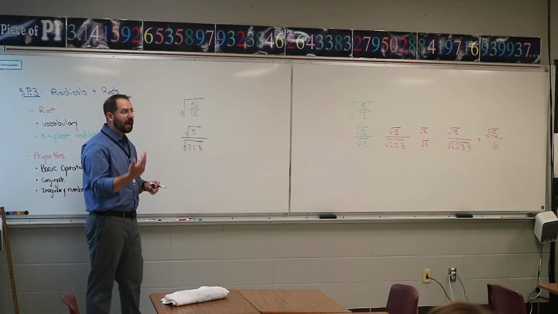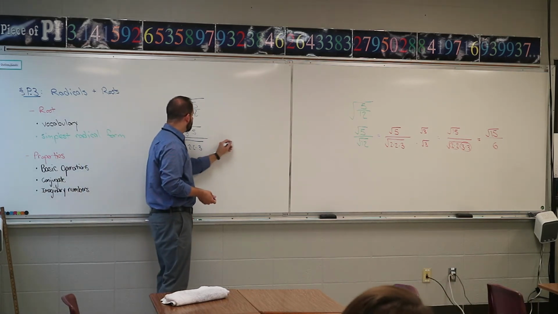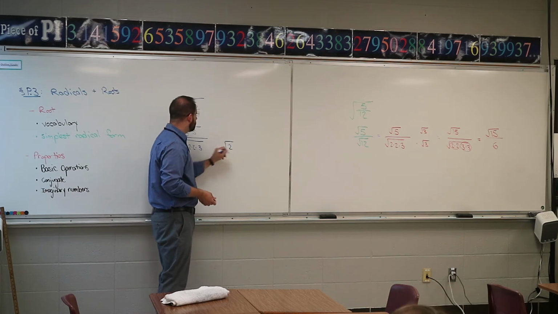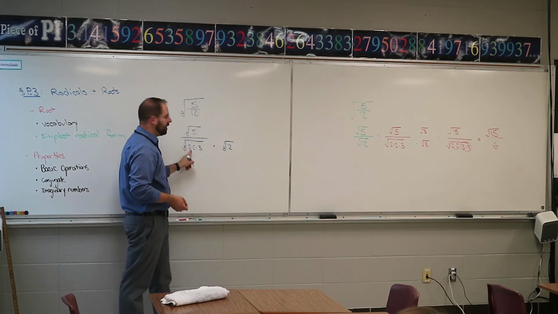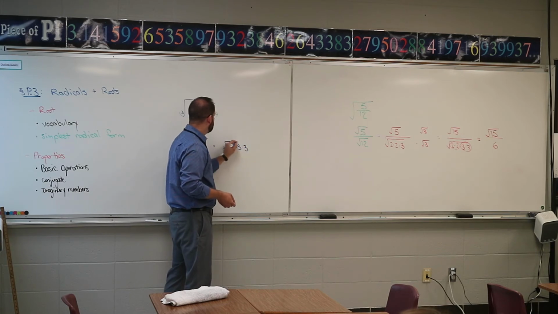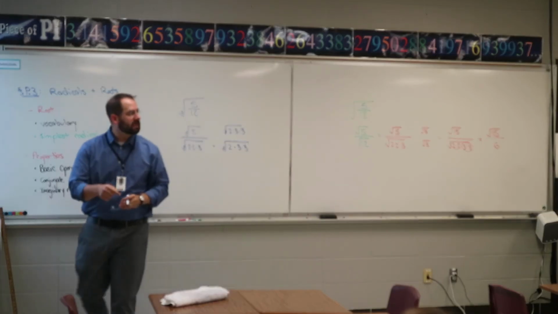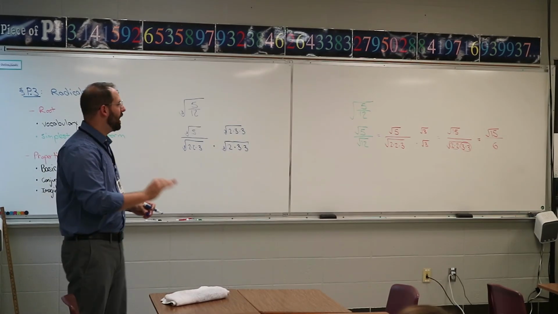So the things I need to add on the bottom to make sure there's no radical left: I'm going to have to put another 2 on the bottom, because I need 3 of them, and I need 2 more 3s. I'm going to put that on the bottom to guarantee I get 3 of those items so I can kick them out.